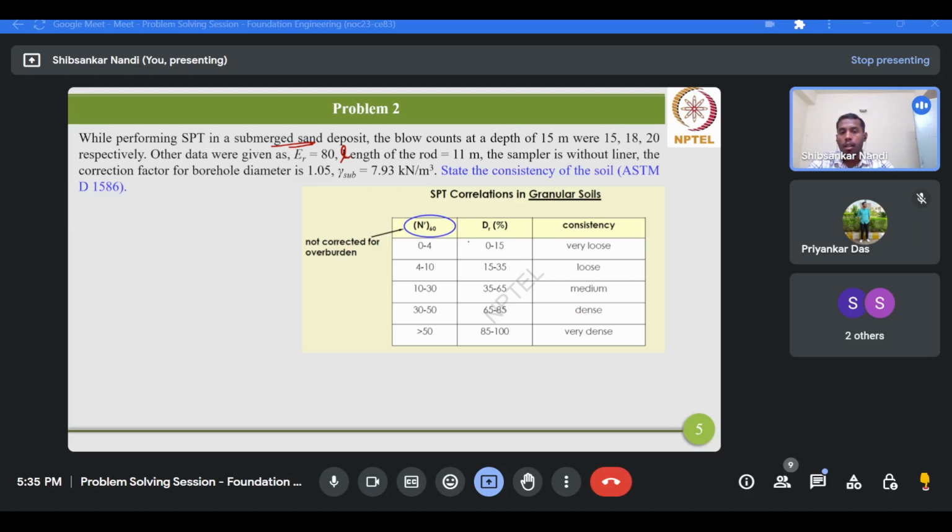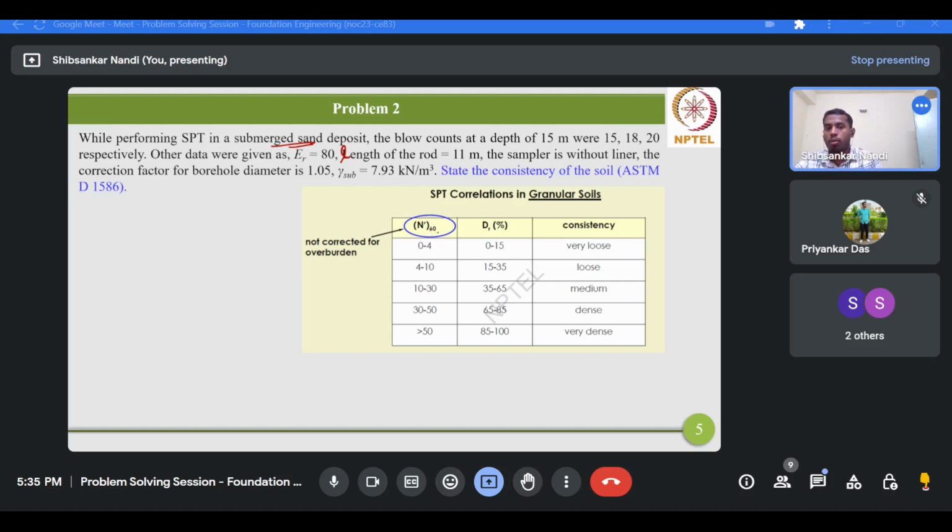From this table you can see that if the N prime 60 value is between 0 to 4, then Dr would be between 0 to 15, and accordingly the consistency of the soil is very loose. Consistency here means the degree of denseness. Similarly, if it is between 4 to 10, relative density would be 15 to 35 and consistency would be loose.